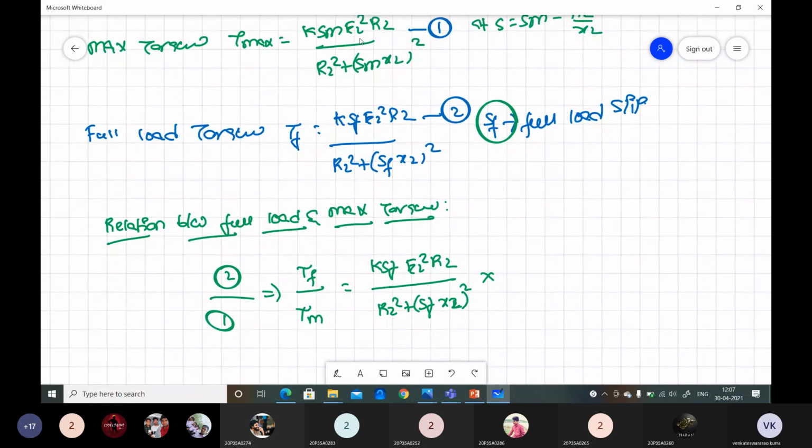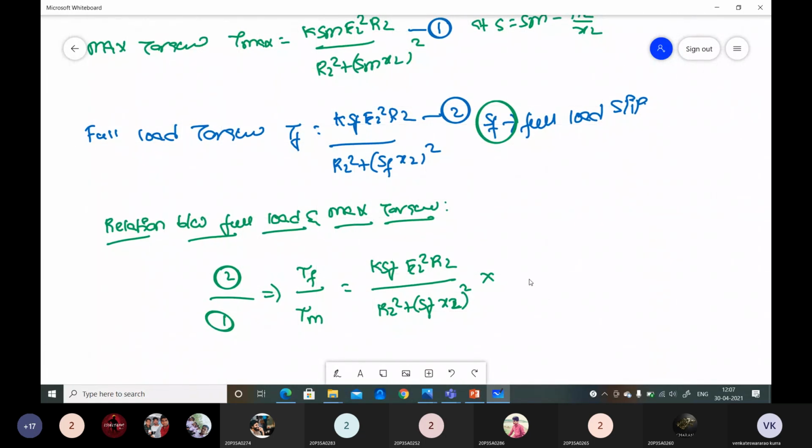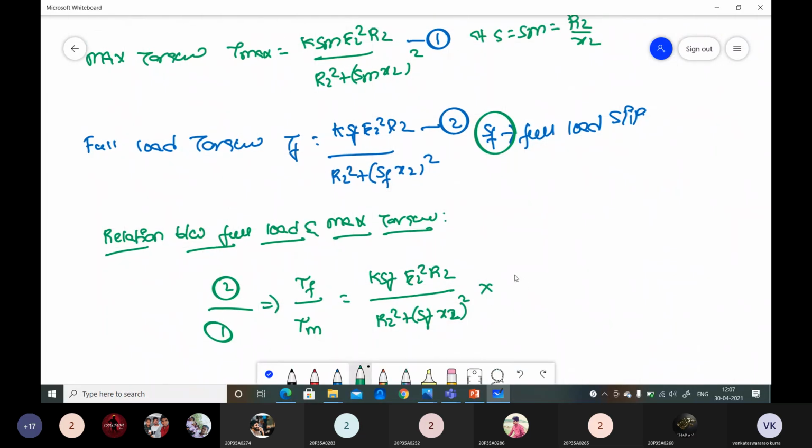This is our T_max: K S_M E2 square R2 by (R2 square plus (S_M X2) whole square).